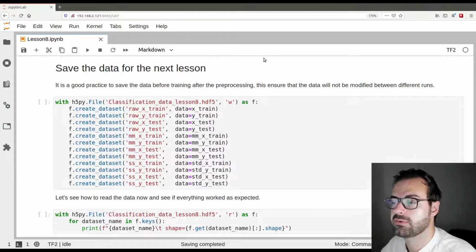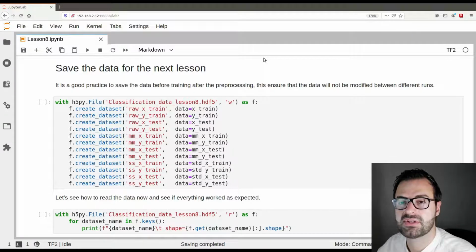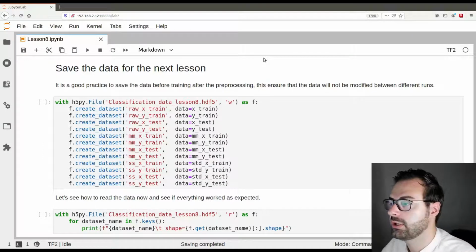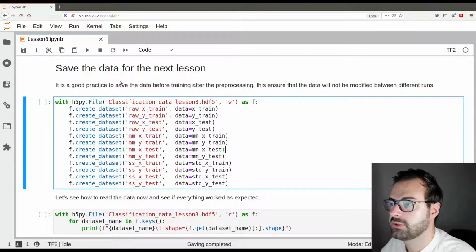So if you are not always relying on the same data, then you don't know whether the performance is increasing or decreasing based on the adjustments that you're doing or based on the different data that you're feeding to the network.